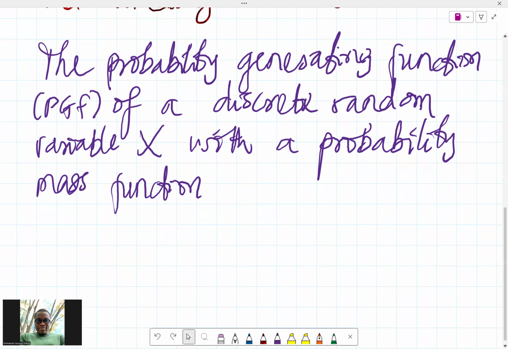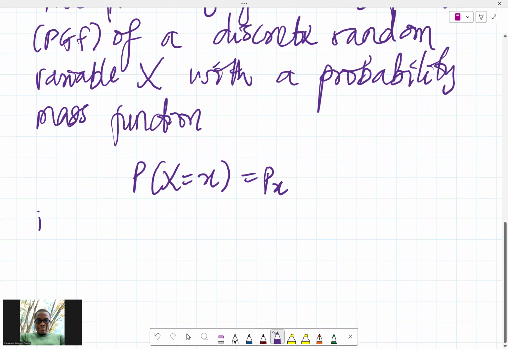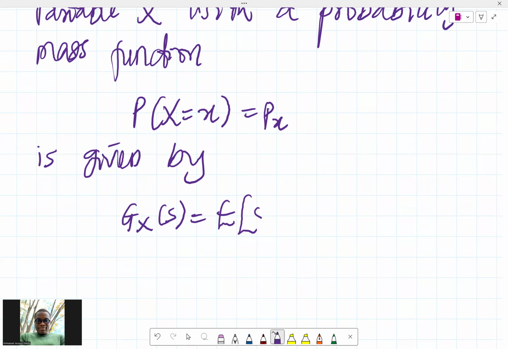So the probability generating function, PGF, of a discrete random variable X with a probability mass function P of X equals x, which is P sub x, is given by G sub X of small s, which is equal to the expected value of small s raised to power X. And that is equal to the summation from x equals 0 to infinity of the product of the probability and s raised to power x.